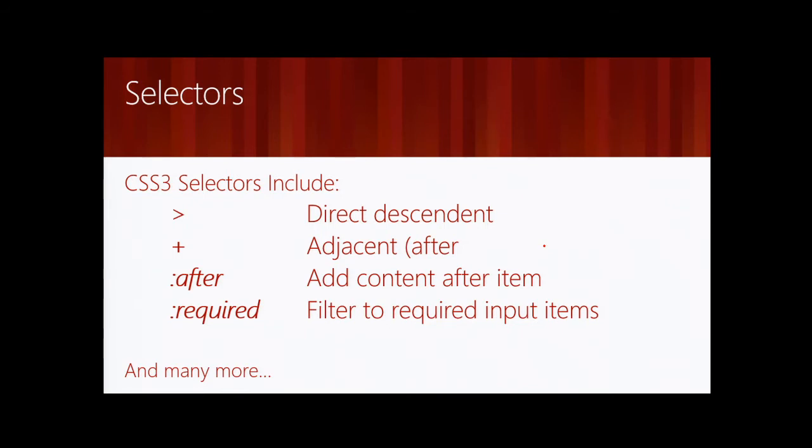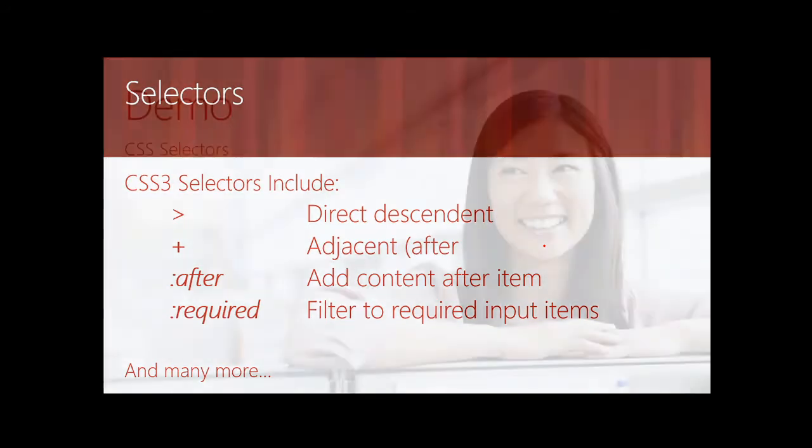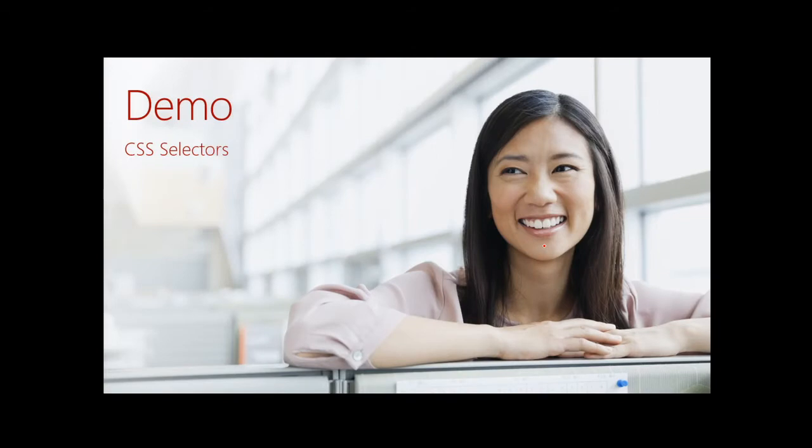Things like that you want to be aware of so that you understand the behavior and side effects it has on your application. For example, there's an adjacent CSS selector that says this item must be immediately after this other element. There's an actual after selector that allows you to add text to an HTML element. And there are also filters. So let's actually look at some of these.